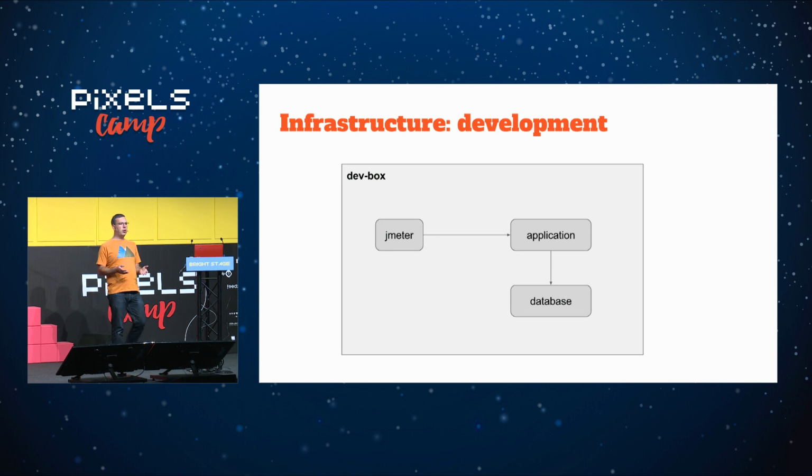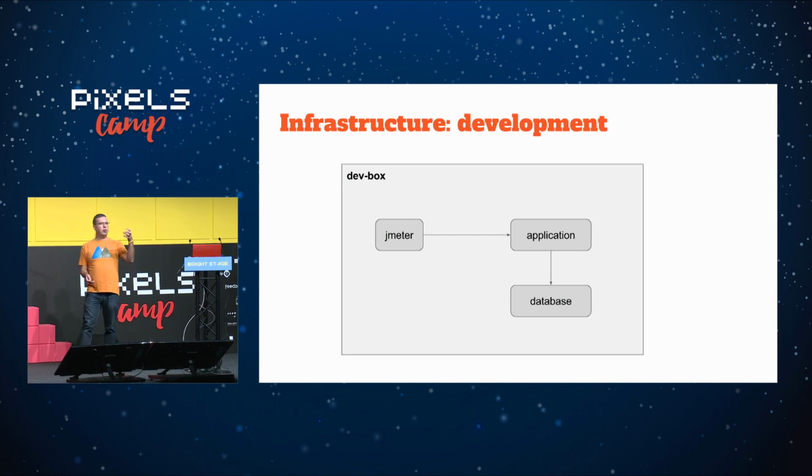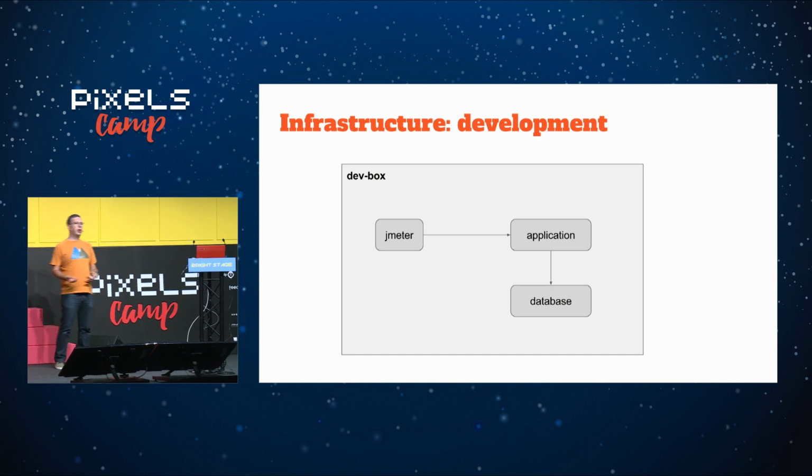I'm going to focus a bit on JMeter, but there are other tools that you can use out there. In this setup, you can have JMeter running on your box, the application running on your box, and the database running on your box. So this is the simplest case. And believe me, there are lots of things you can do with this setup.